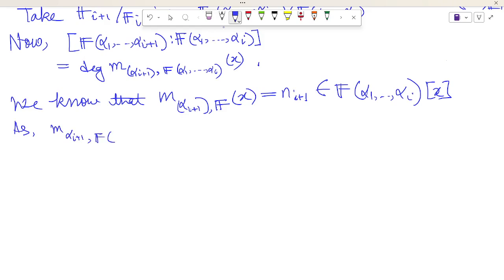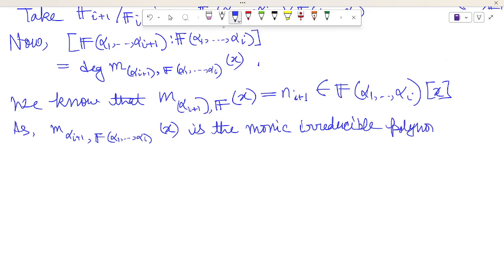The minimal polynomial of alpha i plus 1 over this field is the monic irreducible polynomial having alpha i plus 1 as a root.